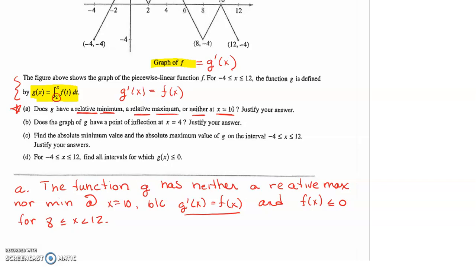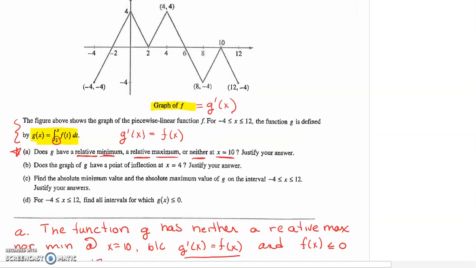So if I'm going to look at this graph of g prime, what I know about g prime is that I really need to think about g double prime. And I know at 4, g prime goes from increasing to decreasing.